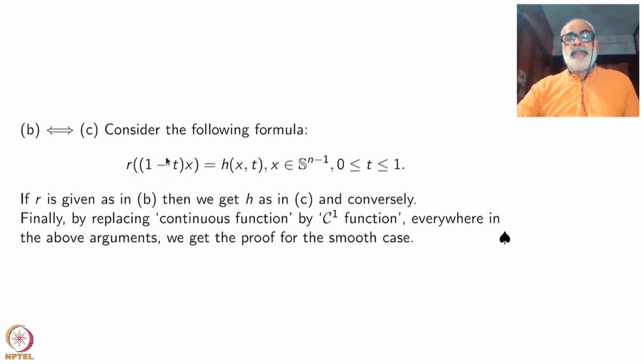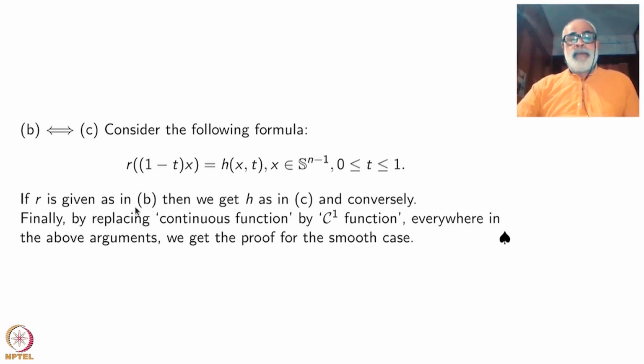So this is an element of the closed disk. X is an element of the boundary sphere. R of this will make sense for all functions defined on Dn. I am just putting h of xt. If I know h of xt, I could have defined R by this formula and vice versa. So this is the formula which will define either side if you know the other side.